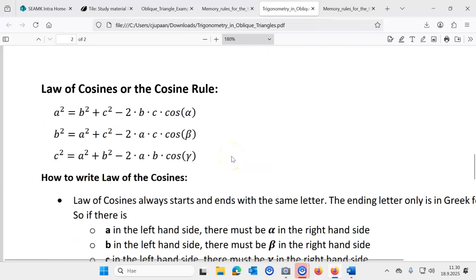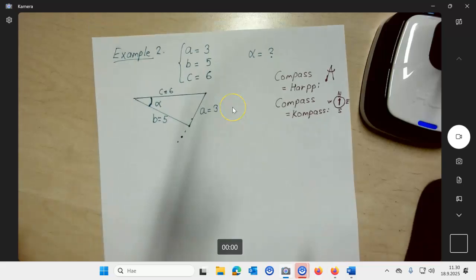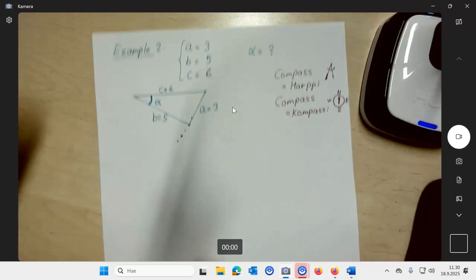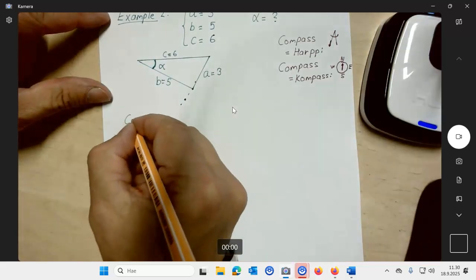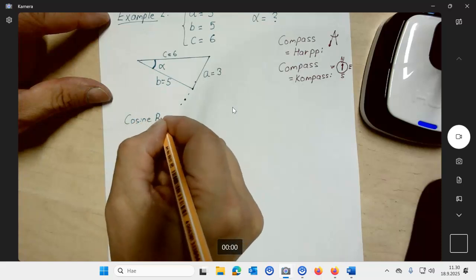But here we know all sides of the triangle, so we may calculate whatever angle we like. And for example, now we want to calculate the alpha, so we will pick the first one here. Cosine rule.